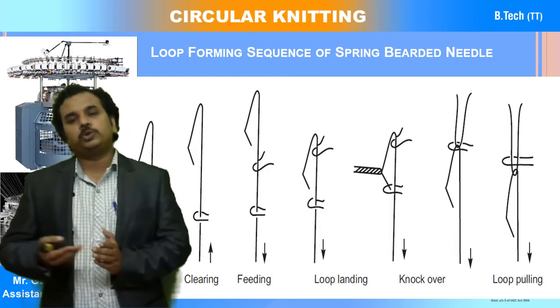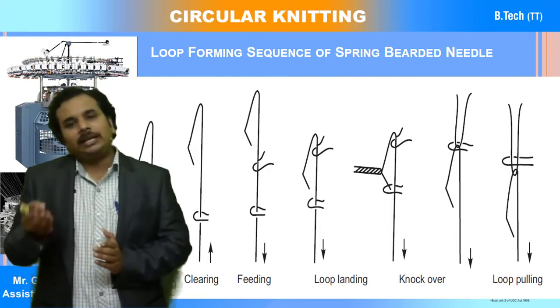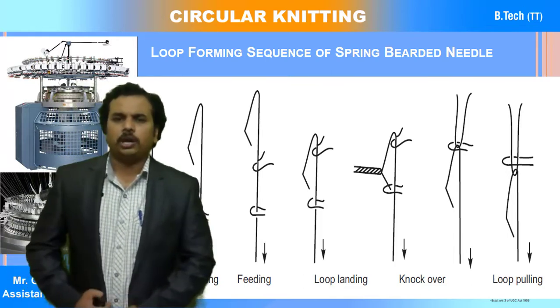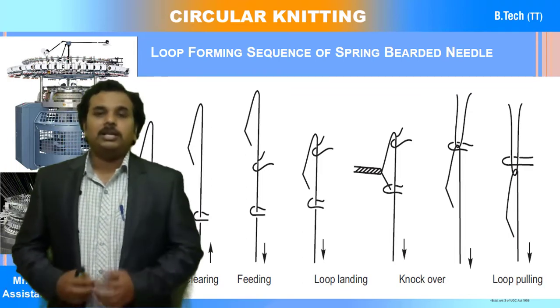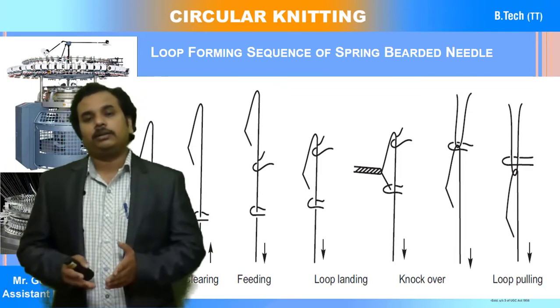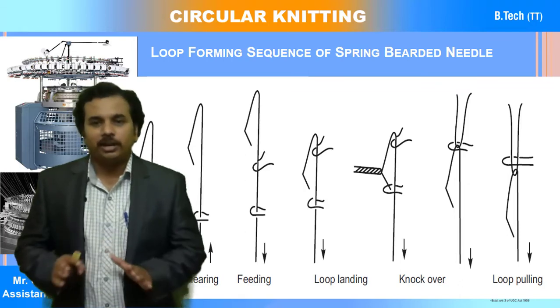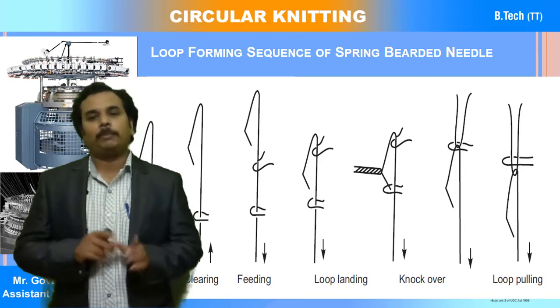The old loop is going to push back the latch, so that the latch is going to close. The latch needle can also be called a self-acting needle, because without an external element, the hook part is going to be closed with the help of the latch.